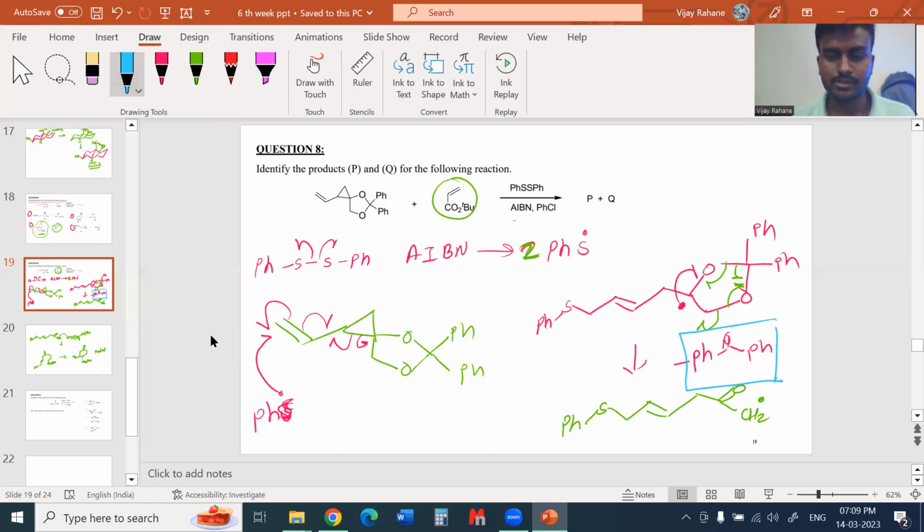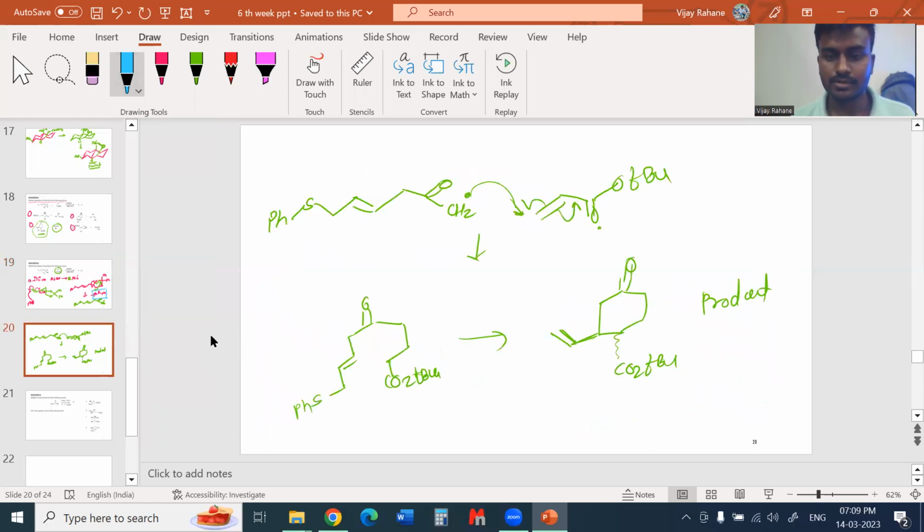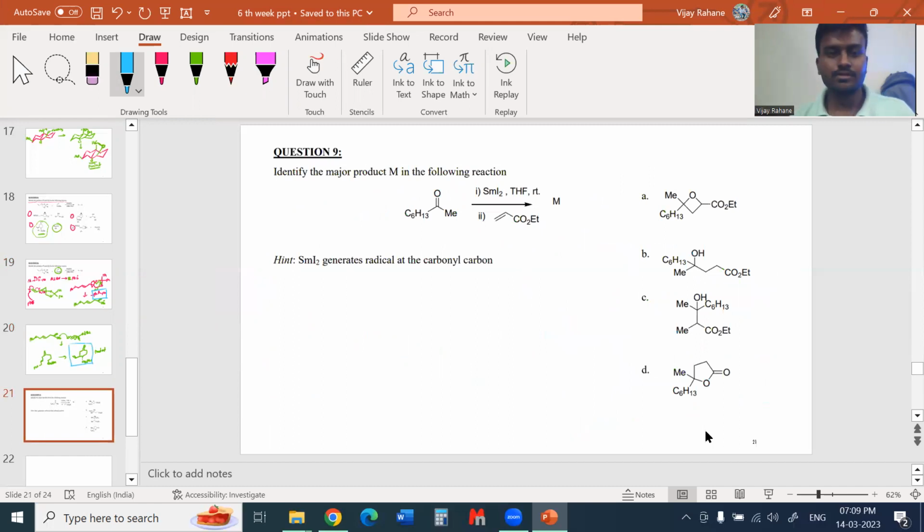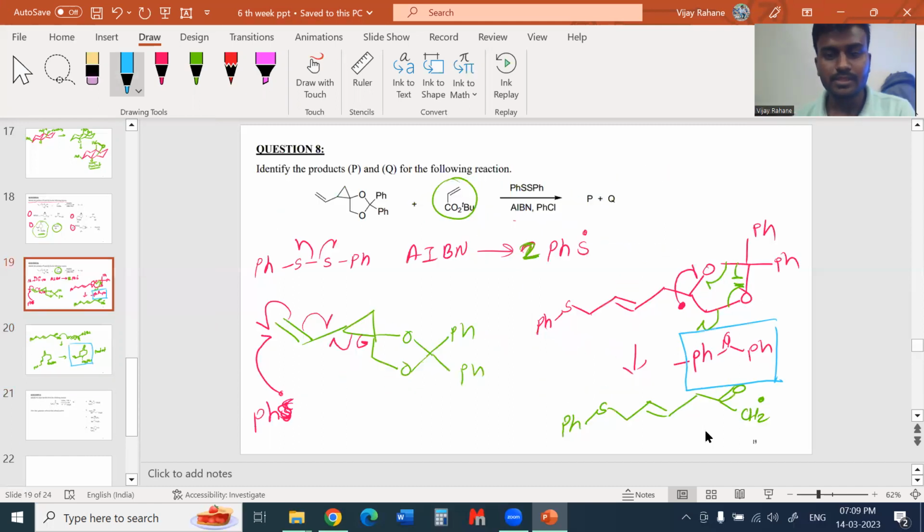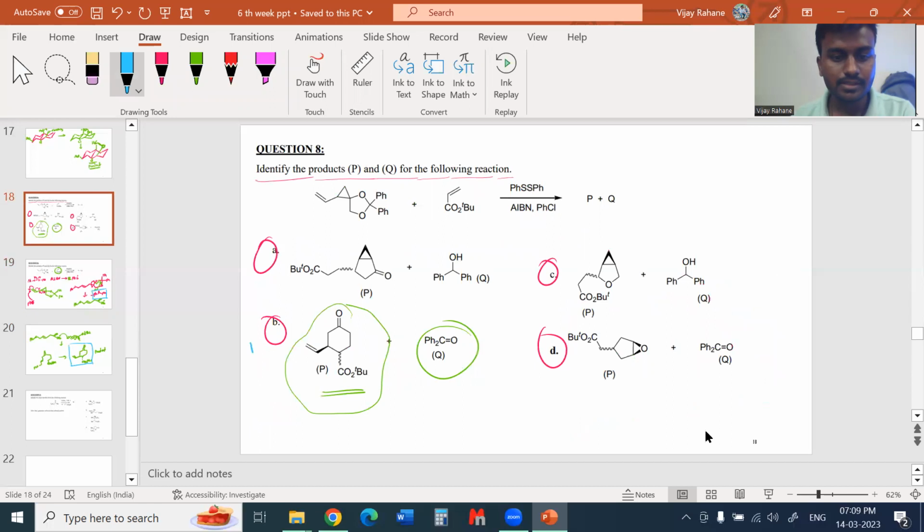This one is one product, and another product will be this one. So these two products are getting formed in the reaction. So in this one, option B is the correct option.